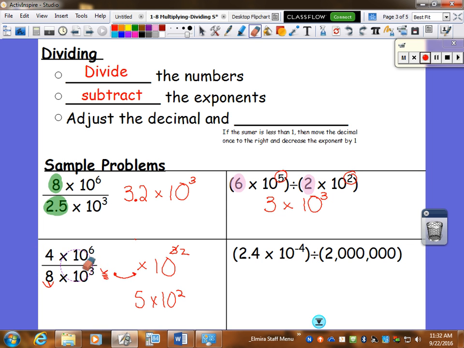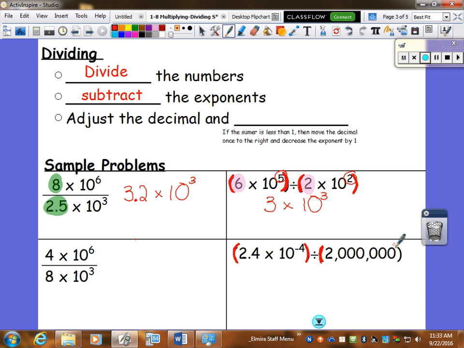Okay, so if you're going to do division problems on the calculator, and we look at problems like we see on the right-hand side, I want you to notice that there are parentheses around each scientific notation. Okay, they are not there for decoration.